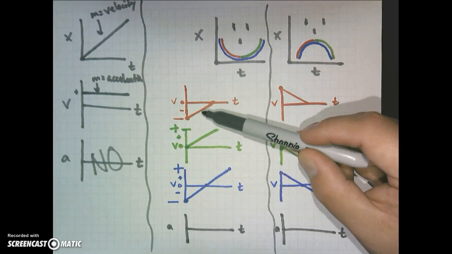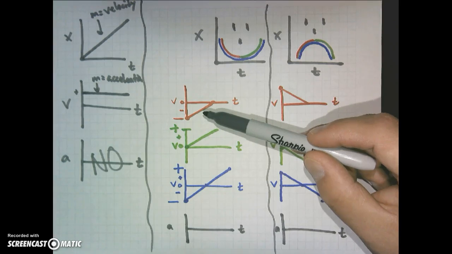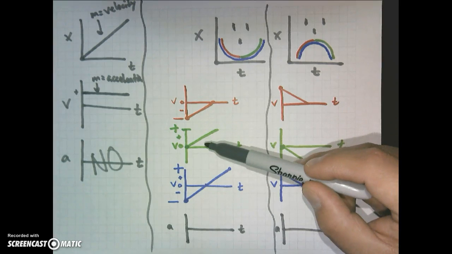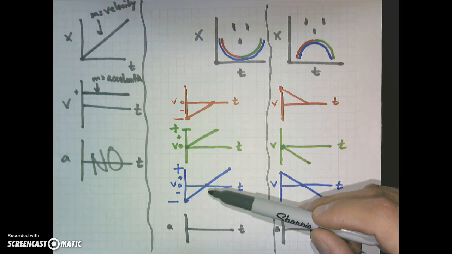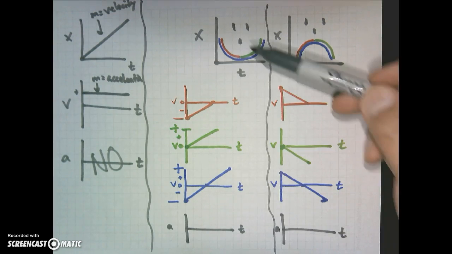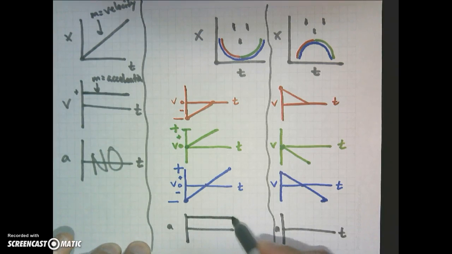So what kind of slope does this have? Positive or negative slope? Positive. What kind of slope is this? What kind of slope is that? All of these are positive, right? Remember, happy face means positive constant acceleration.